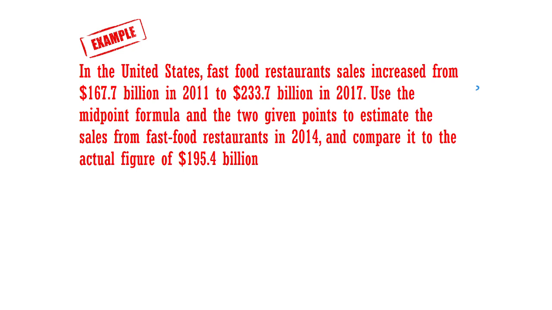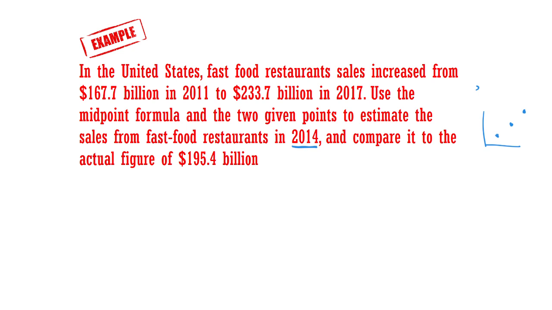So it says use the midpoint. If you were to think of it like a graph, you'd have some value here in 2011, but then it increased in 2017. And what they're asking for is to estimate 2014, which is conveniently the midpoint between 2011 and 2017.